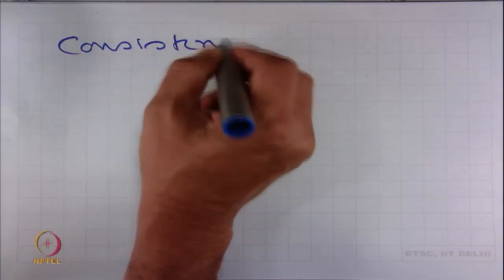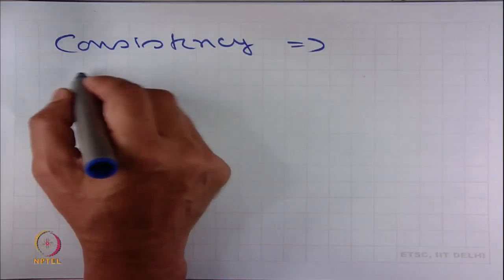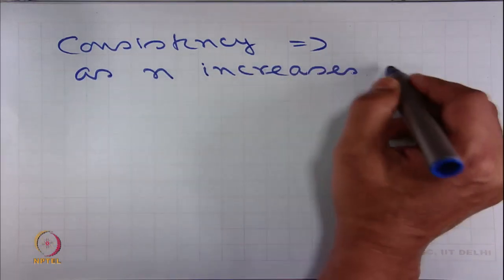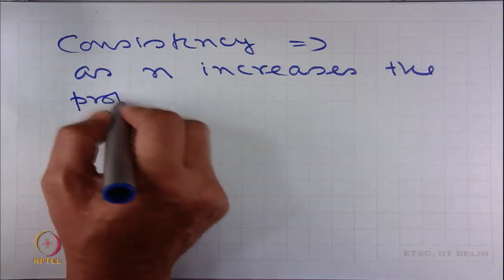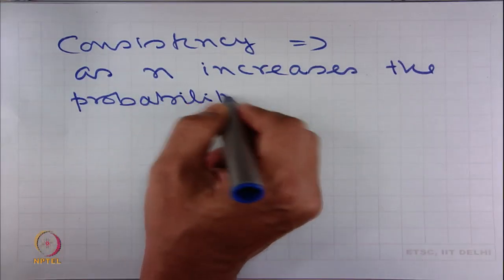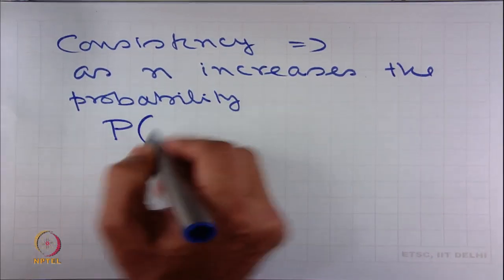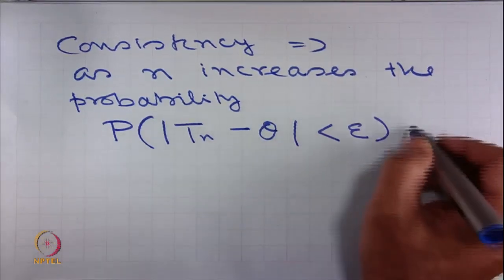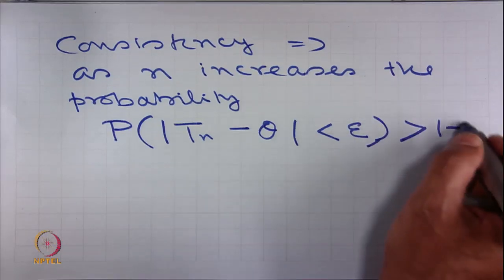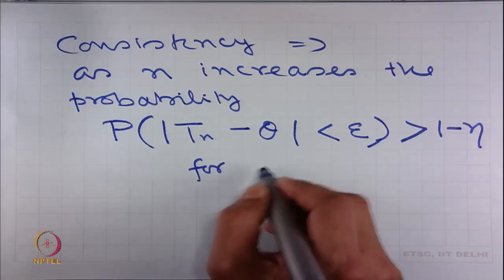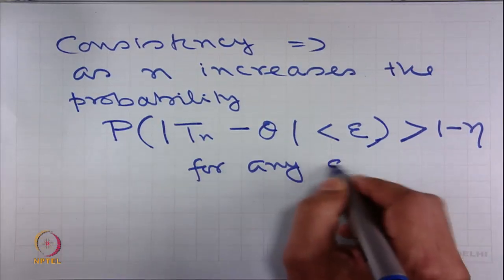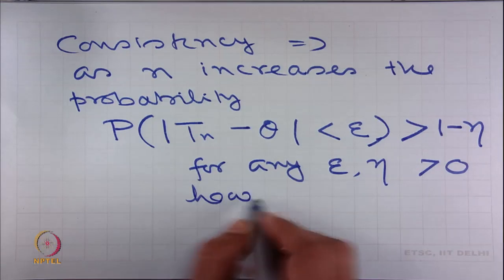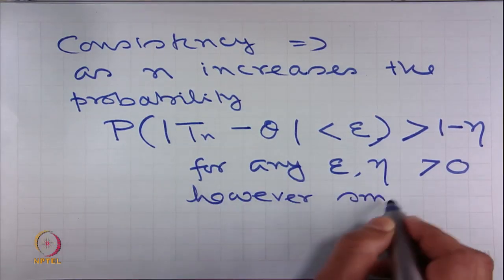Consistency implies, as n increases, the probability that is P of modulus of T_n minus theta less than epsilon becomes greater than 1 minus eta for any epsilon and eta greater than 0, however small they are.